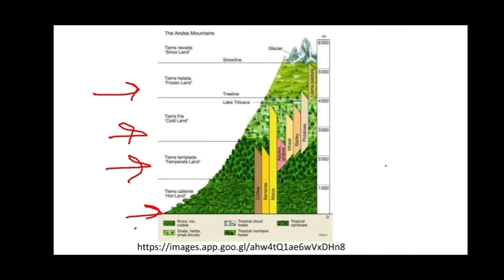So this is the Andes mountain horizontal stratification, right? And this is a tree line. Okay, so these lines are nothing but the tree lines.